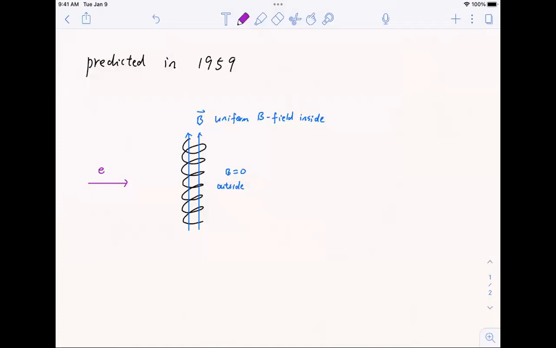This electron is split into two beams. One goes behind the solenoid, the other goes before it, and then they recombine.